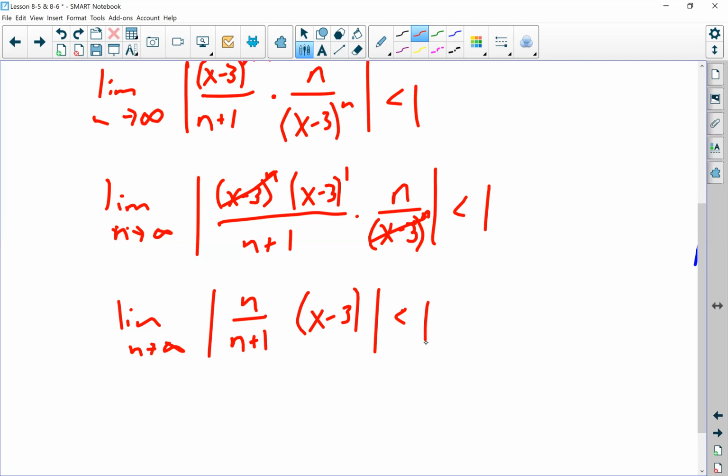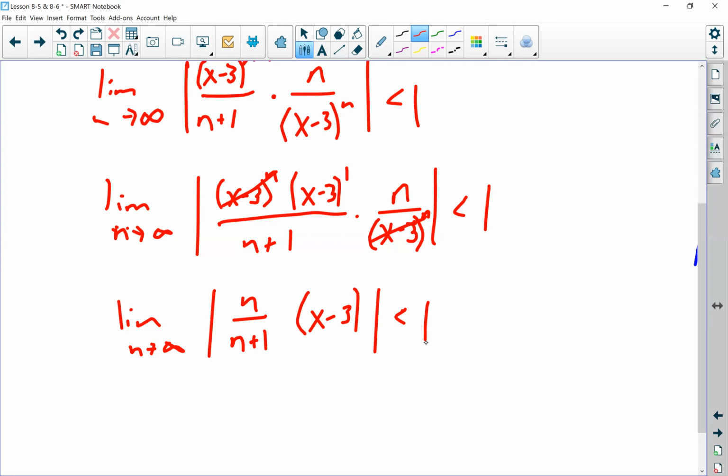What happens to n over n plus 1 as n goes to infinity? Let me give you a hint. What about L'Hopital, right? We have infinity over infinity. So what if we take the derivative? What's the derivative of n? It's a number between 0 and 2. 1, yeah.